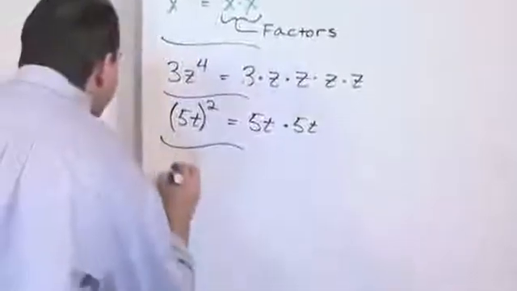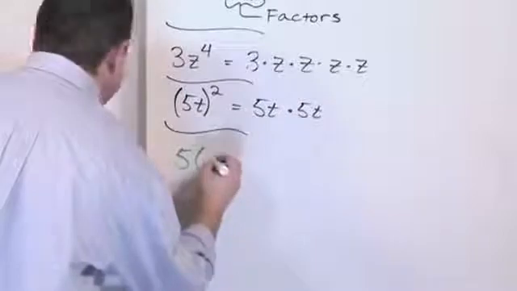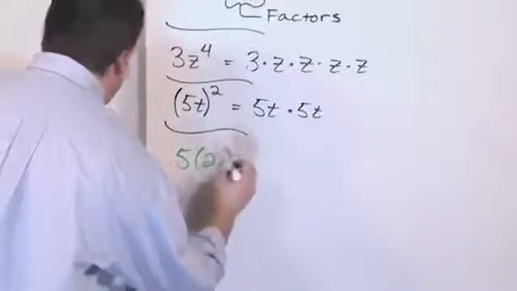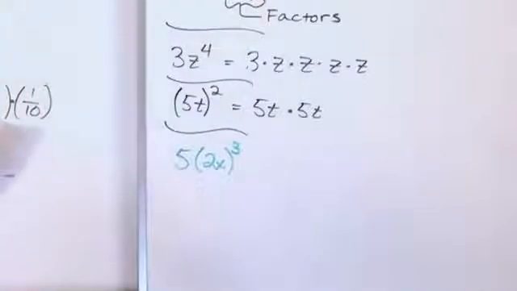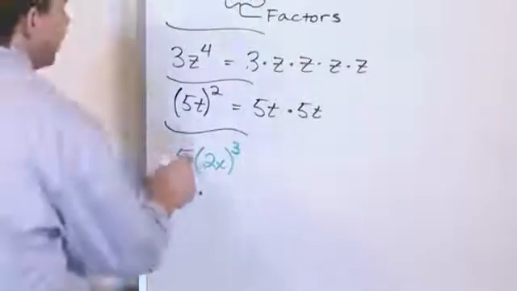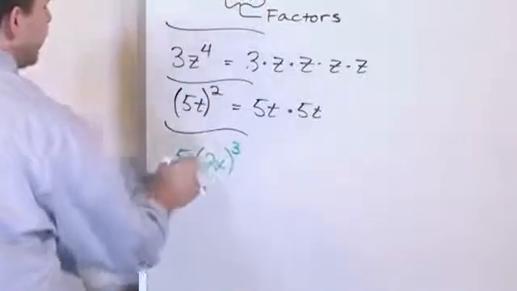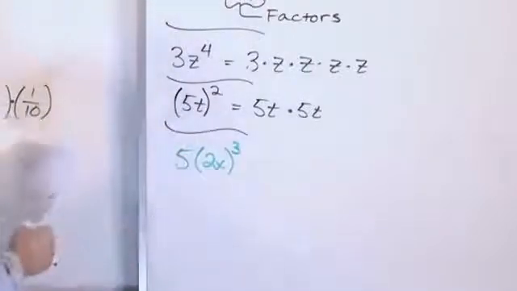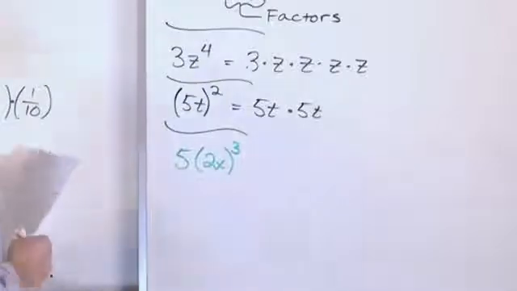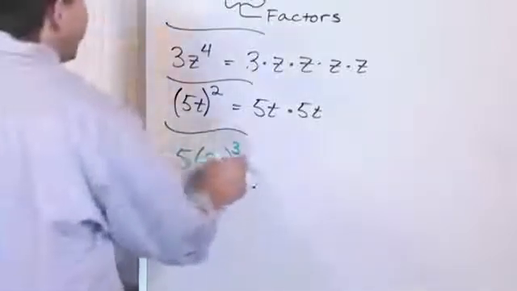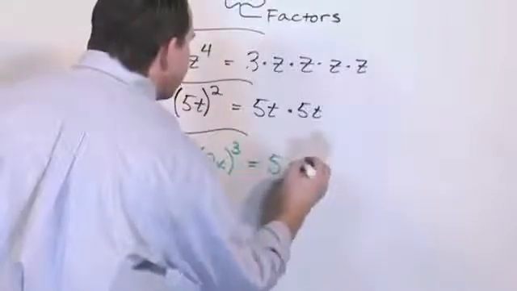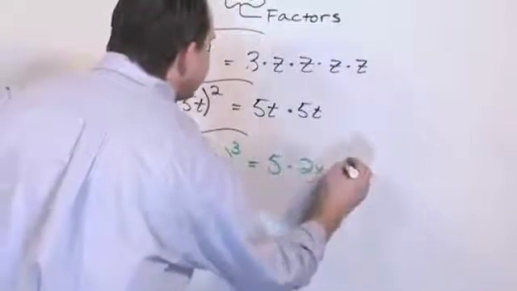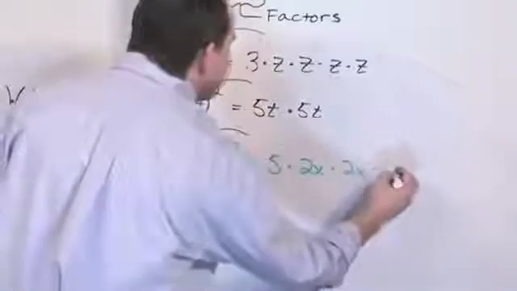Let's say we have 5, parentheses, 2x, to the 3rd power. How do you think that's going to be written? Well, like I said, the 5 is sitting next to something without anything in between, so you should really think of it as being multiplied together. And this is all raised to the 3rd power, so this is going to be 5 times 2x times 2x times 2x.